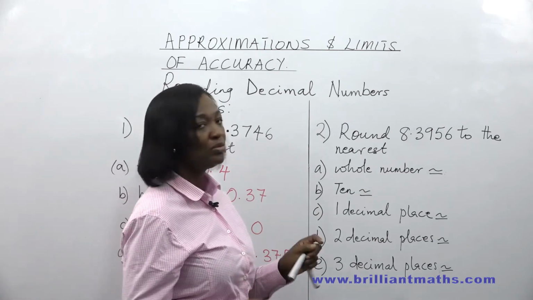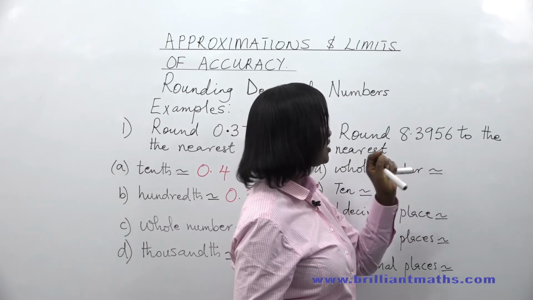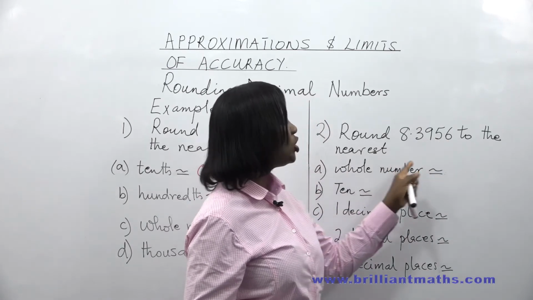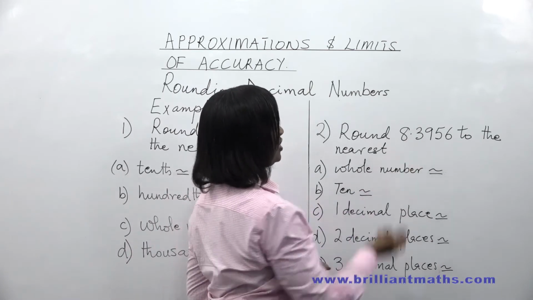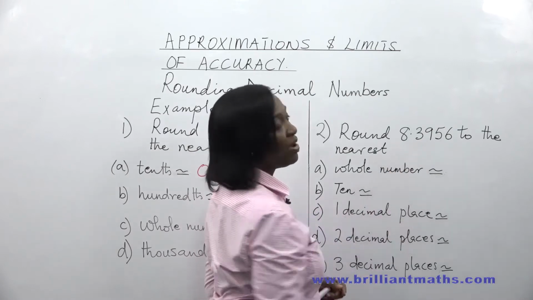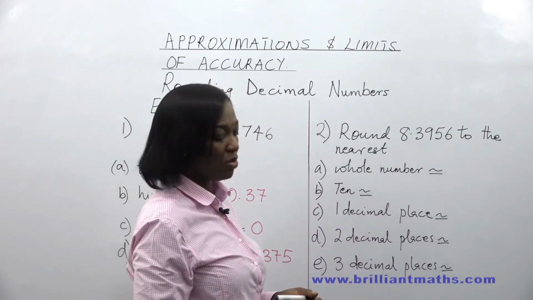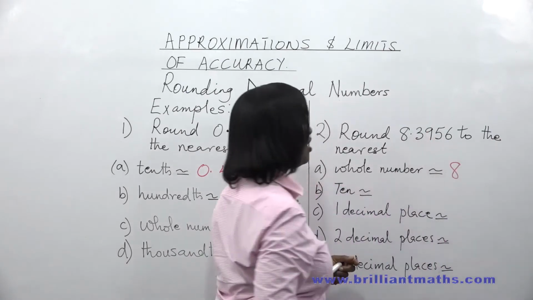In example 2, we're rounding 8.3956 to the nearest whole number. The whole number is 8, and the first digit after the decimal point is 3. So, to the nearest whole number is 8, because 3 is less than 5.